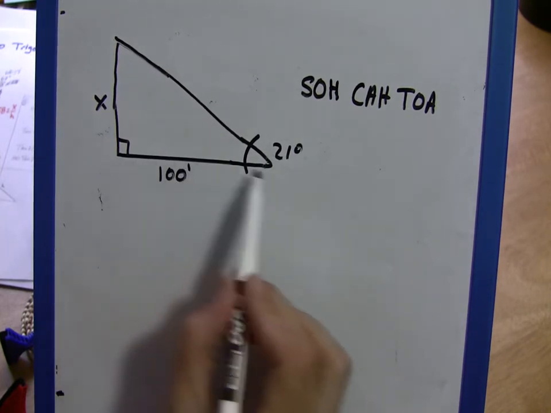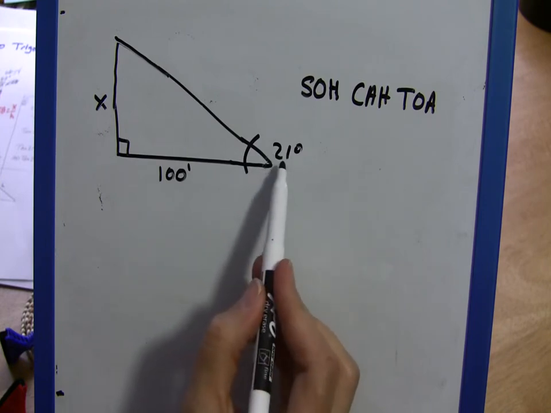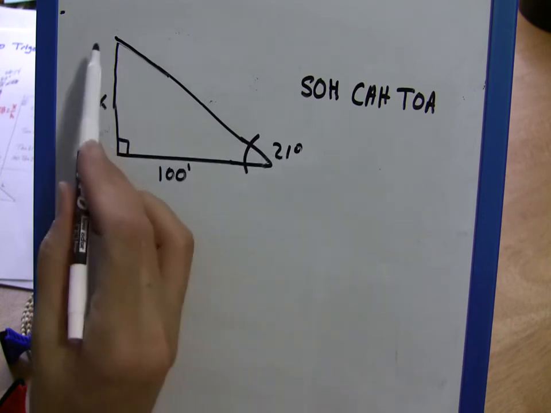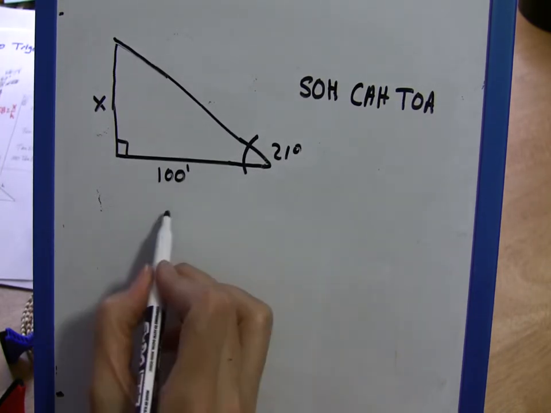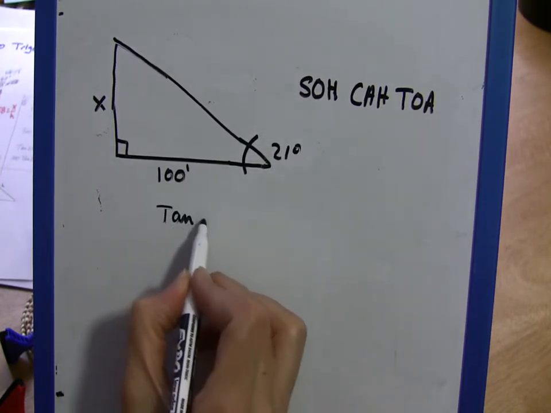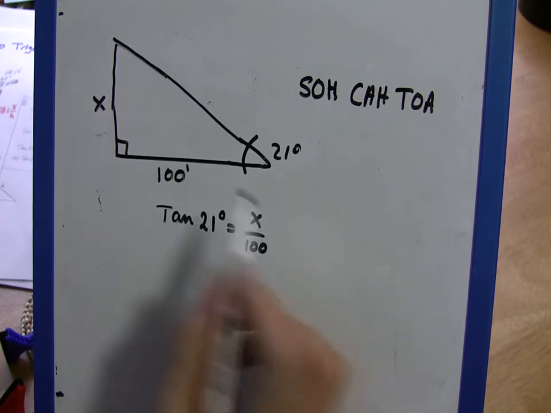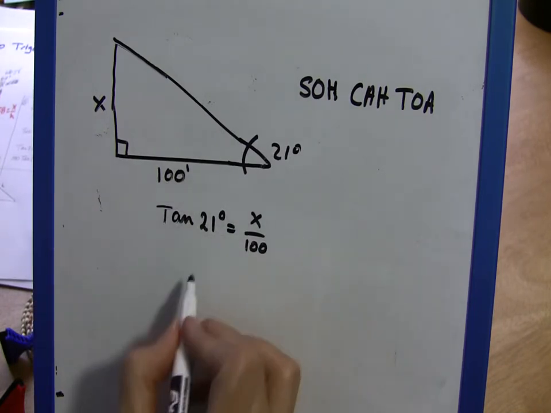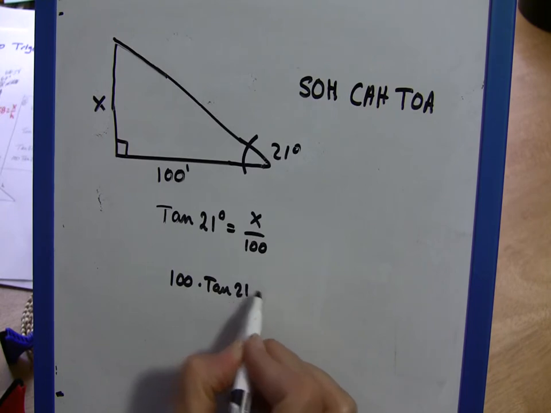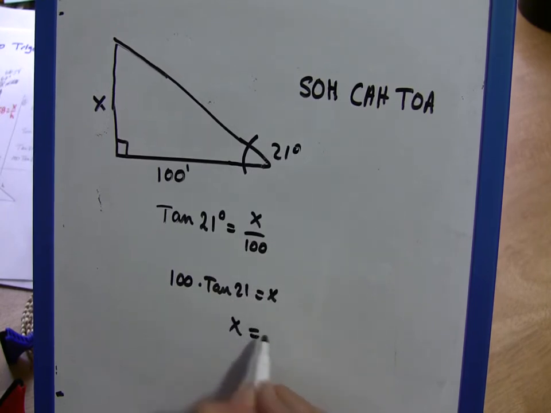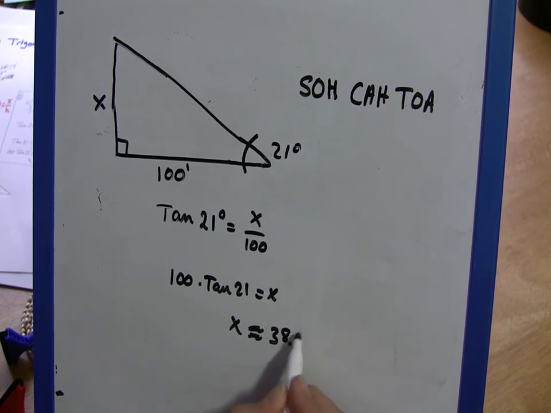You've got 100 feet to the cliff. You want to know how tall the cliff is, and you have, say, a Brunton compass. You can measure the angle to the top of the cliff as 21 degrees. So I know we're going to use a tangent function here. The tangent of 21 degrees equals x over 100. That's opposite over adjacent. Clearing this out, we get 100 times tan 21 equals x. So x equals, as we push that through on a calculator, approximately 38.4.